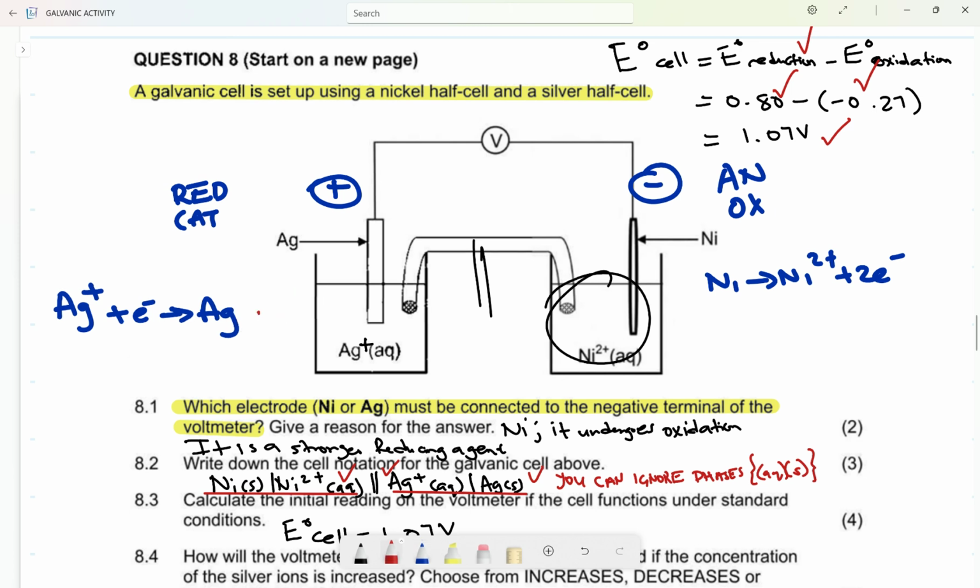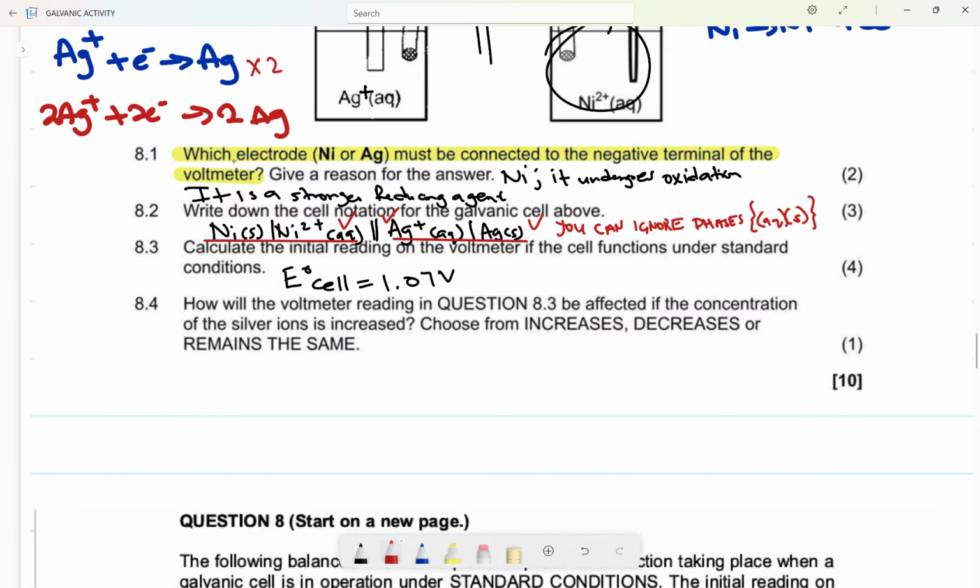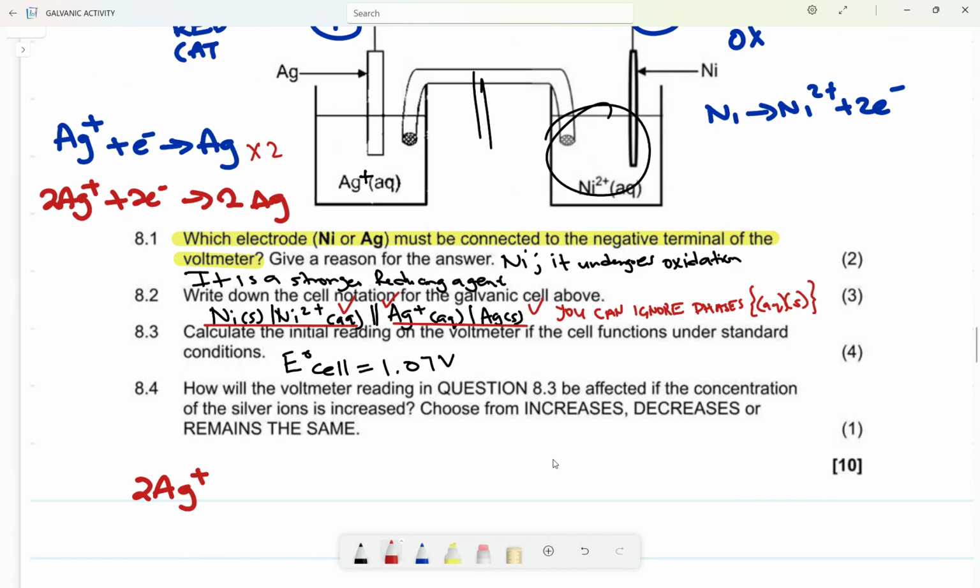You're gonna multiply this by 2 such that the electrons balance. So when you write your net, it's gonna be 2 Ag plus on the left hand side, plus Ni, and then the right hand side is 2 Ag and nickel 2 plus.